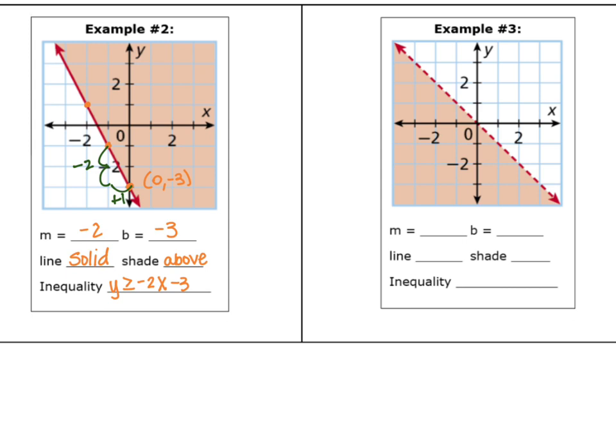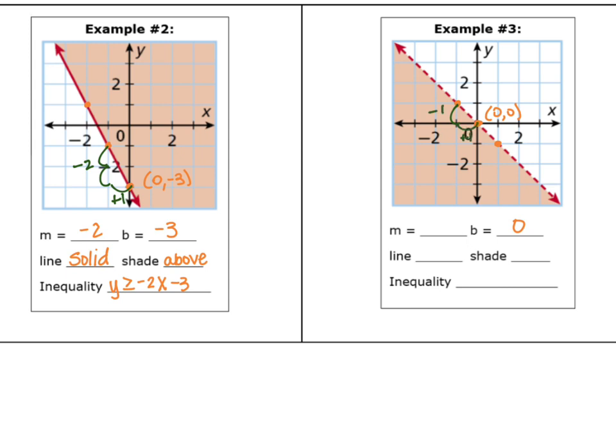Okay, this one, my y-intercept is 0, it goes through the origin. And if I look at another point, I see one here. I also see one here. Okay, that's down 1 and then to the right 1.